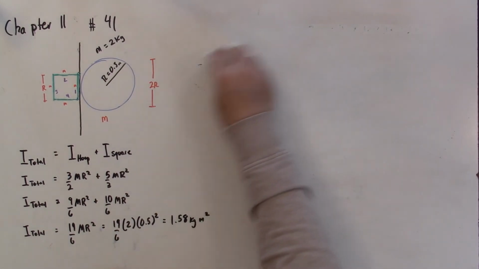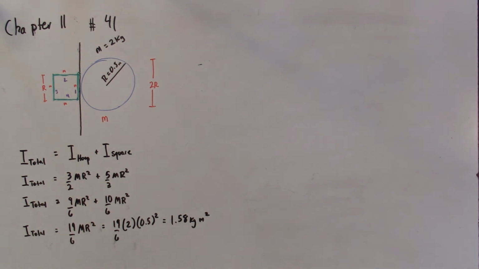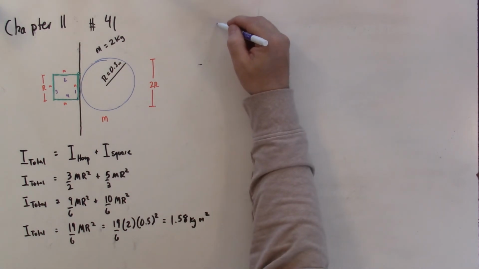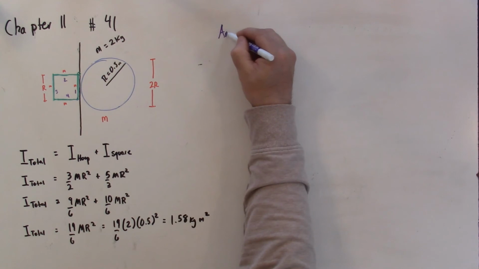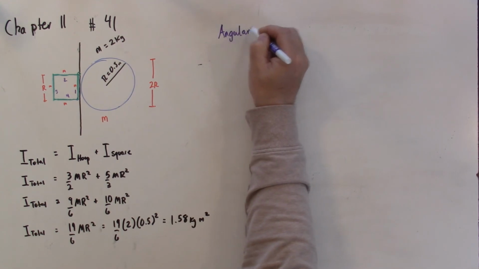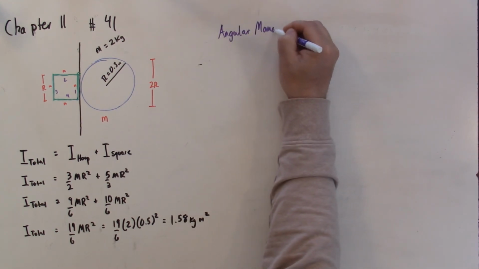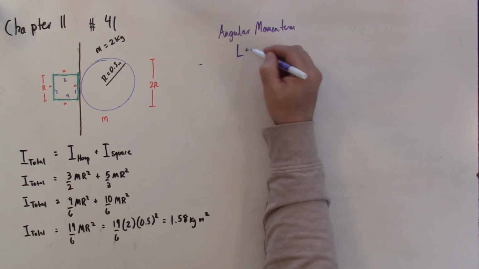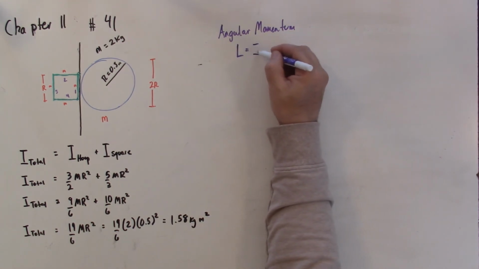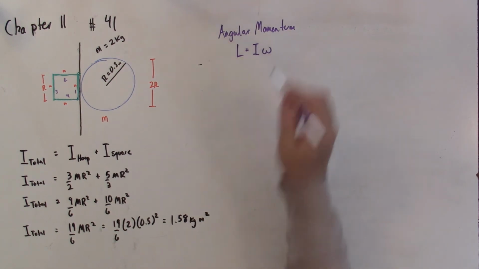So if you want to find the angular momentum of a rigid object that's rotating, we're going to use L. Now linear momentum is mass times velocity, so angular momentum is I omega.